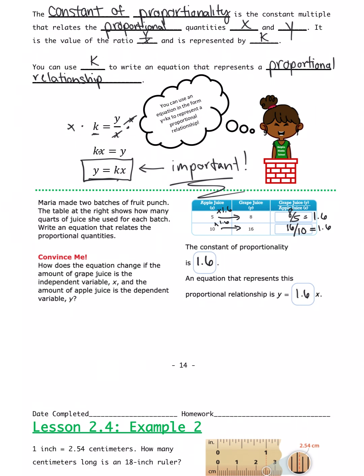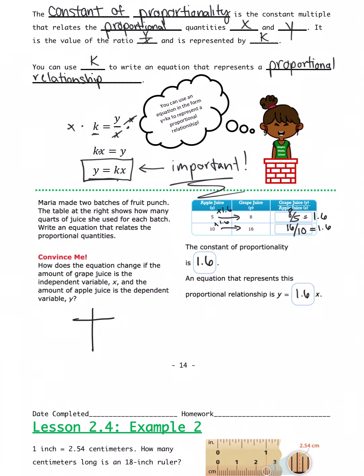So in the convince me, it says, how does the equation change if the amount of grape juice is the independent variable and the amount of apple juice is the dependent variable? Right now, our independent variable is our apple juice, and our dependent variable is our grape juice. So we're going to switch them. Let's make a table.